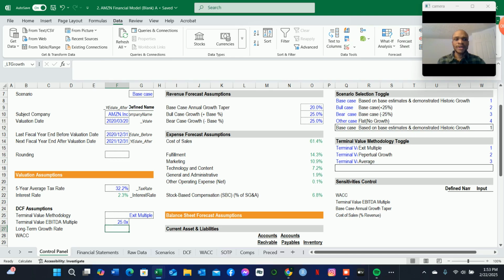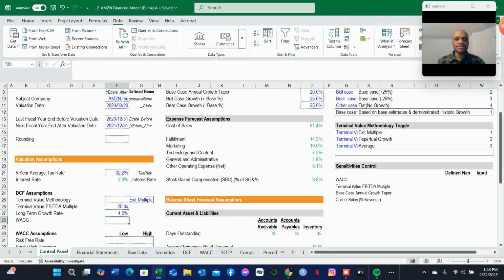And then for the long-term growth, we will set this to be 4%. That is just an assumption. For the long-term growth, we could use the cost of equity formula.